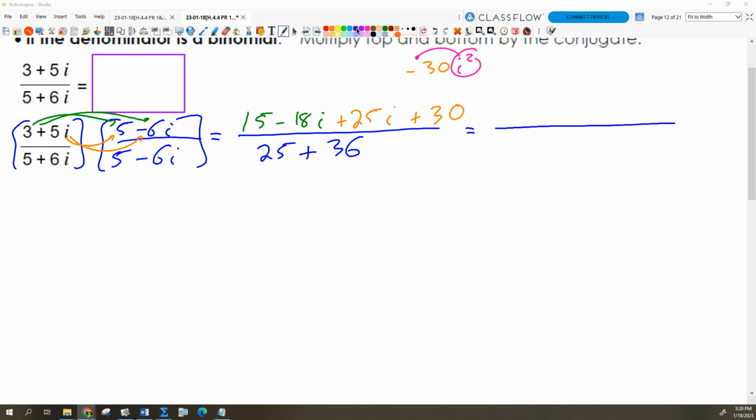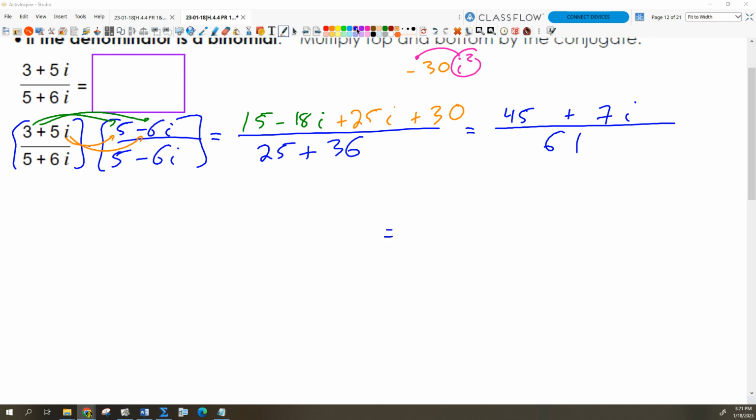So on the top, we would get 15 plus 30 is 45. Negative 18i plus 25i is plus 7i over 61. Is that an okay way to write that? What should I do? Separate it. Good.